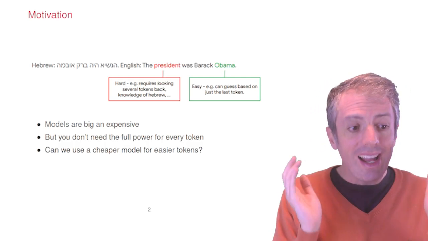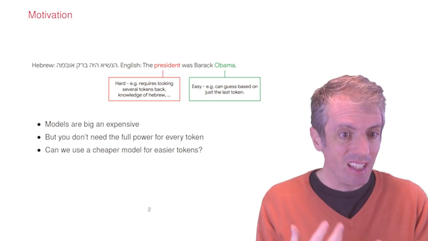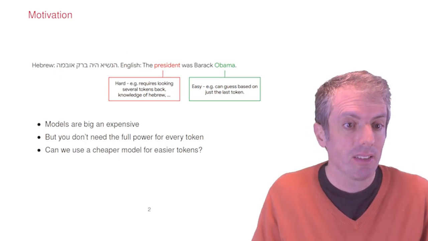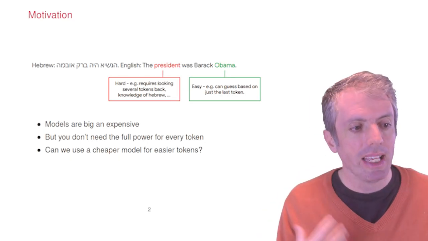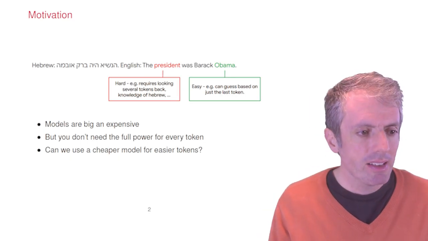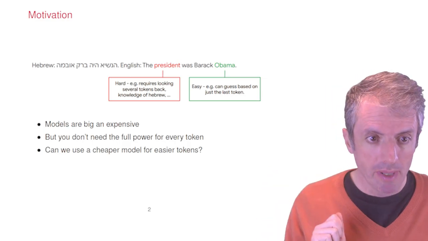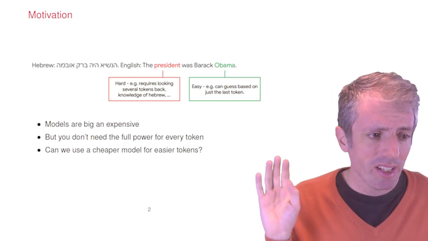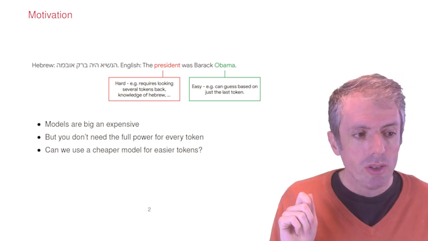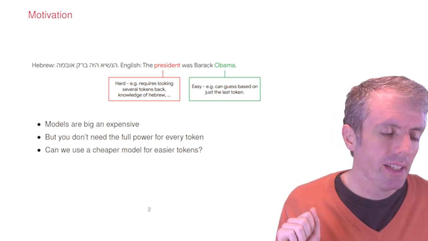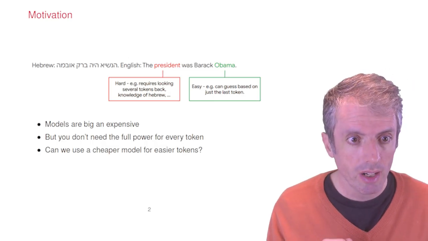And why this even works is that sometimes it's not so hard to predict the next token. Let's say that we're translating from Hebrew to English, and the translation of this sentence was "the president was Barack Obama." Because we're going to generate, in English at least, left to right, you first get the Hebrew input, then you generate "the," and then you try to generate the next word.